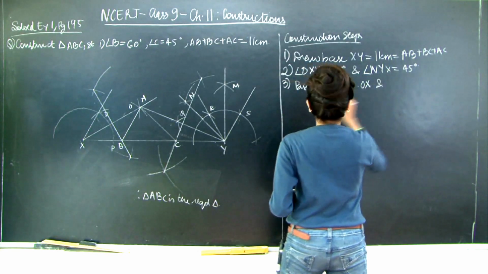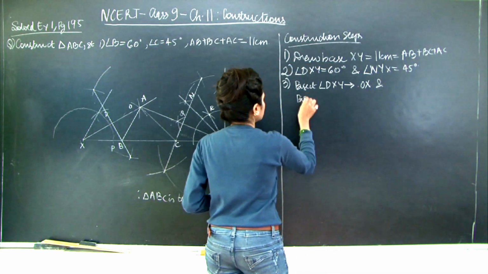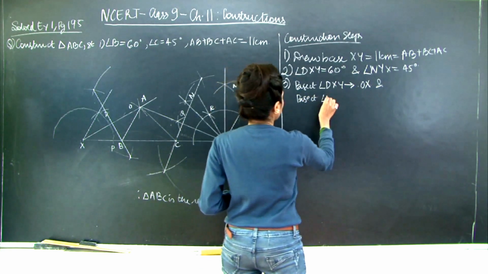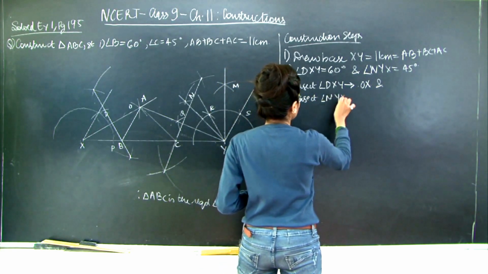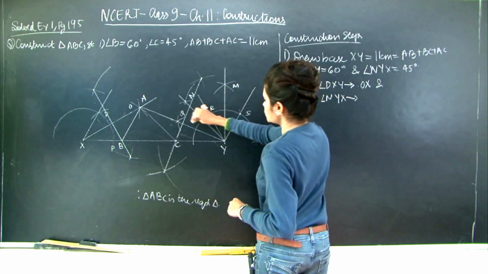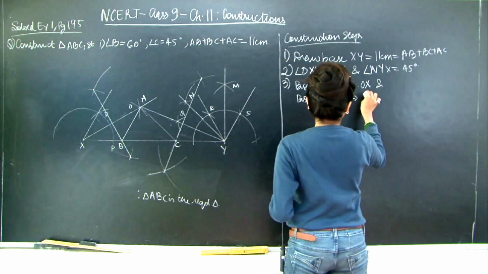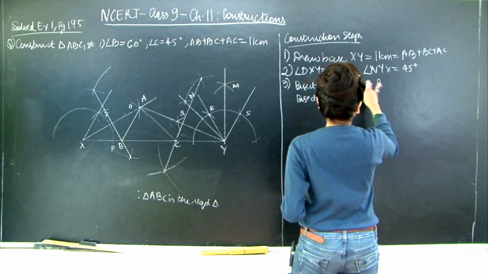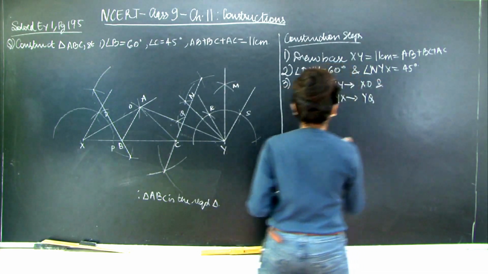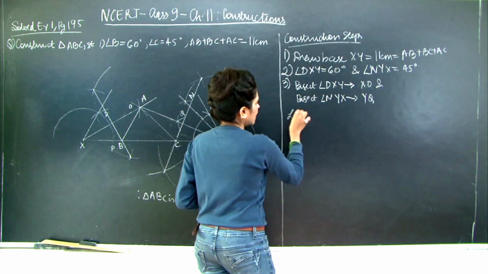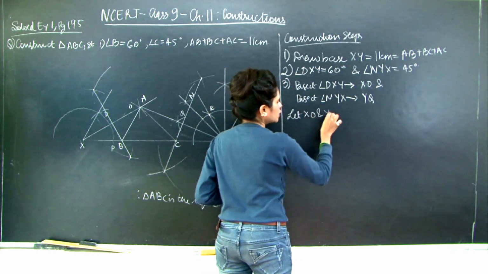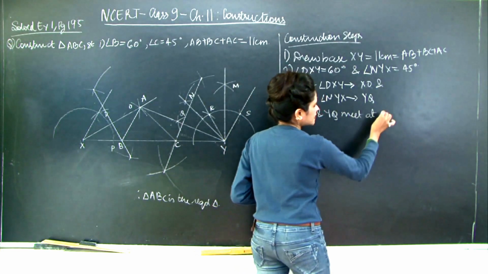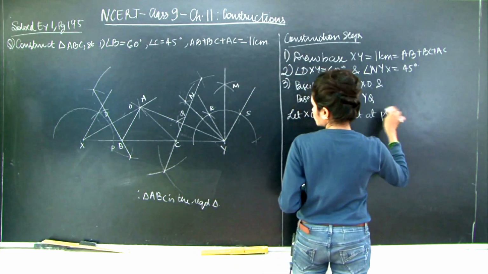And bisect angle NYX, and the bisector for NYX was QY or YQ. So this will be XO and YQ. Let XO and YQ meet or intersect at point A.